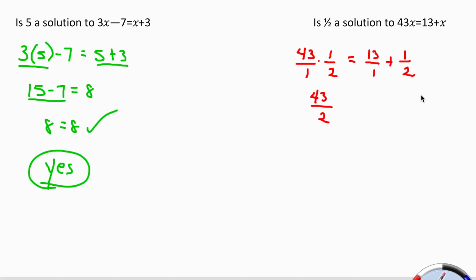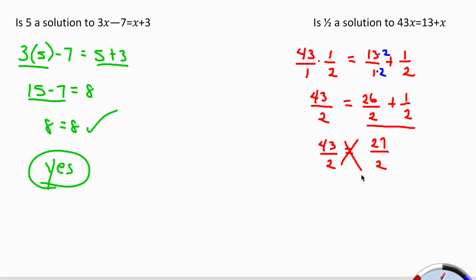Here I'm adding fractions, so I need a common denominator. So that makes that 26 over 2 plus 1 over 2. Now that they have the same denominator, this side I can't do anything else with, but I just add numerators. Oh, that's not equal. So no, 1/2 is not a solution to that equation.